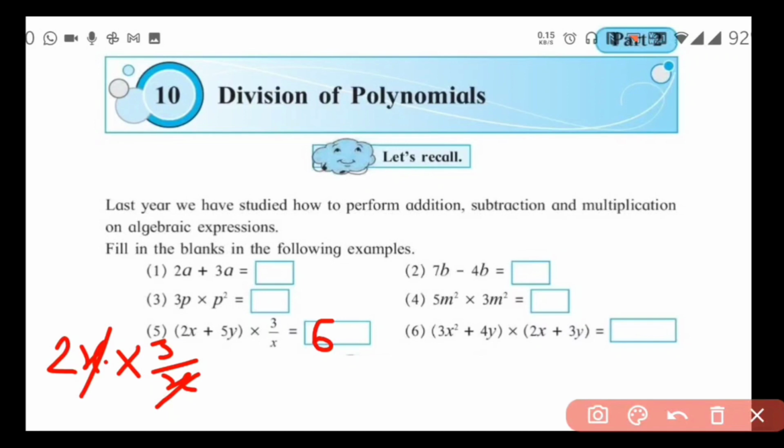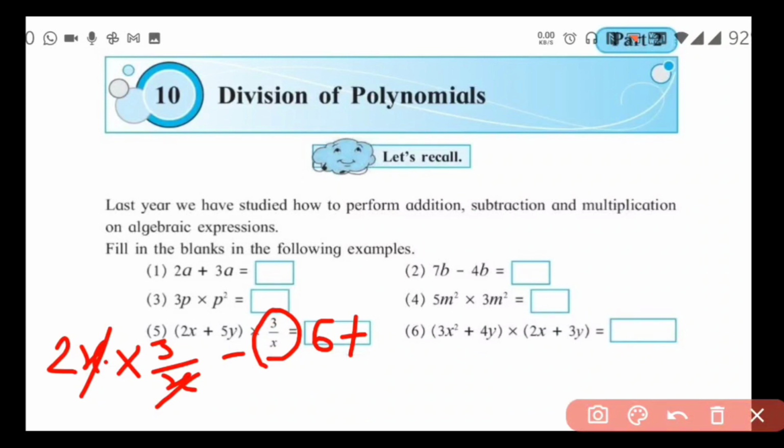Then plus sign is there, so we put plus sign. Now 5y, this 5y multiplied by 3 upon x. So y is there in the 5y, and in 3 upon x is there. So y and x is not getting cancelled, we have to write them as it is.